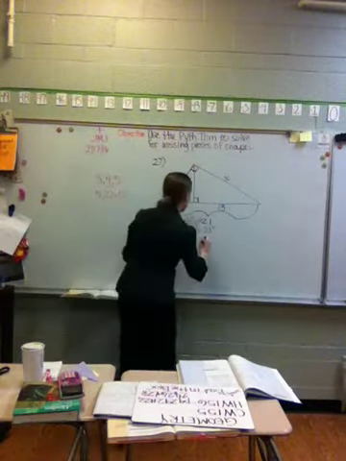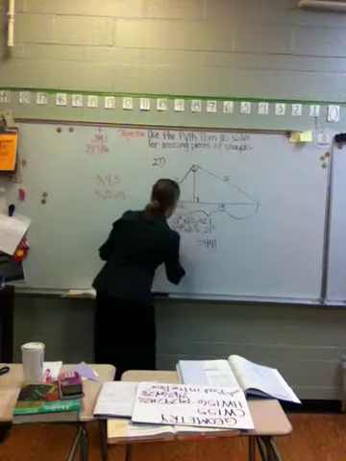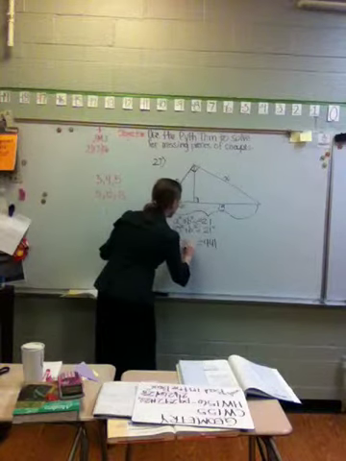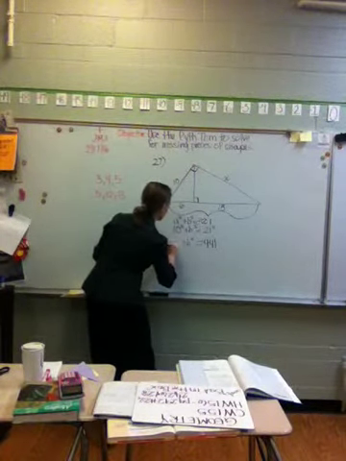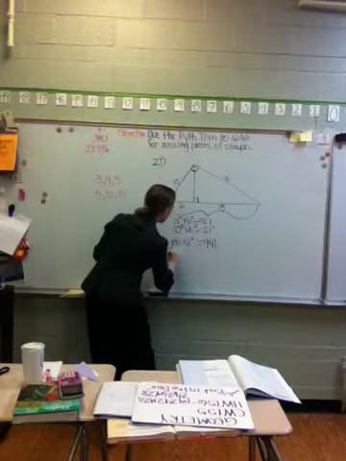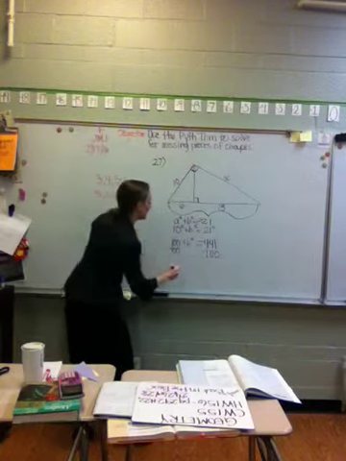441. That's one that I don't really have committed to memory. 441. 10 squared plus b squared. Sorry, this is 100. Subtract 100 from both sides, and I get 341.